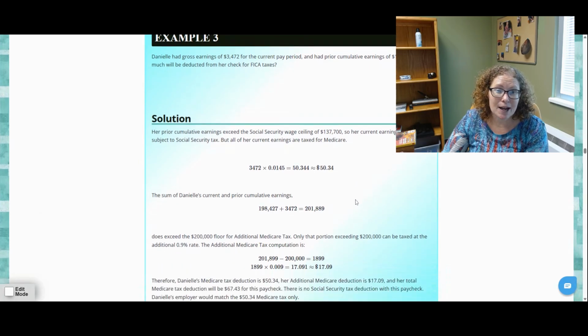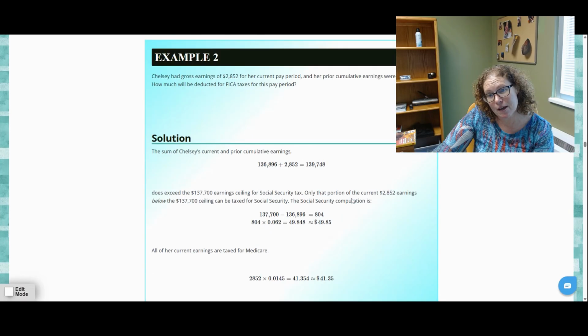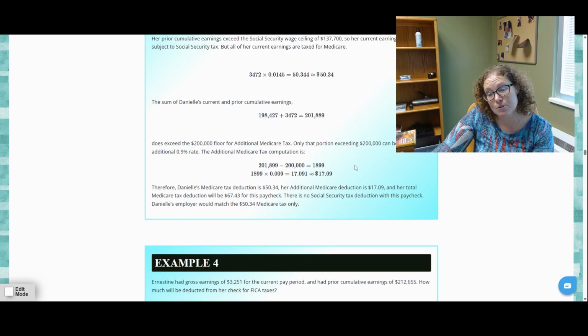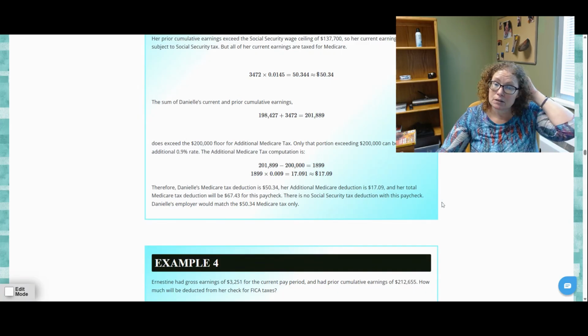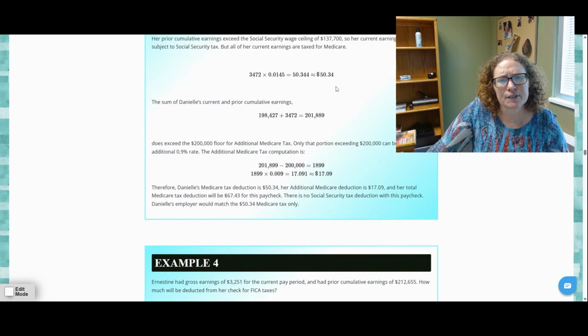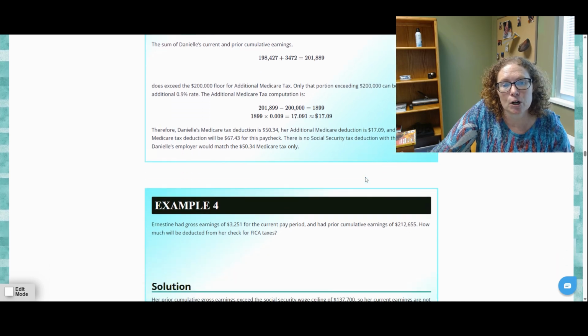But we also have to think again about the additional Medicare, and we saw that way up there, over $200,000 had a 0.9% that we would need to add and essentially subtract from her wages. So we're looking at the $50.34 and the $17.09 that would be deducted from her paycheck.